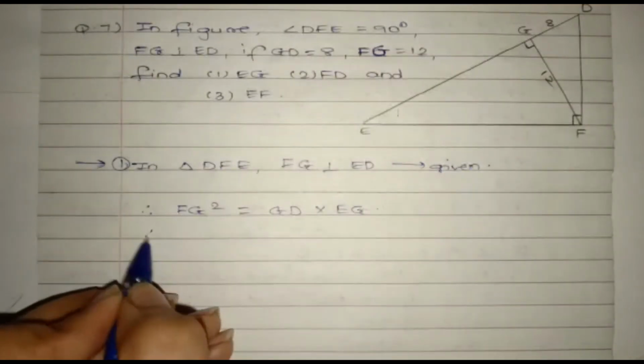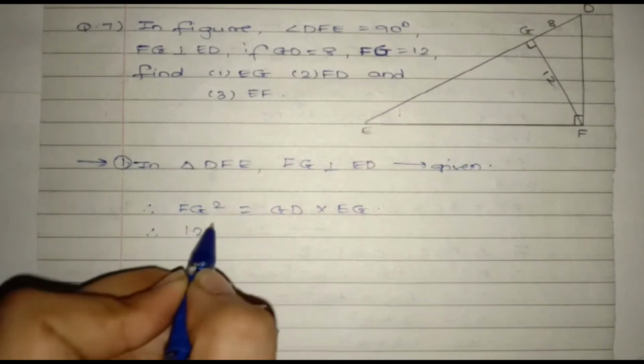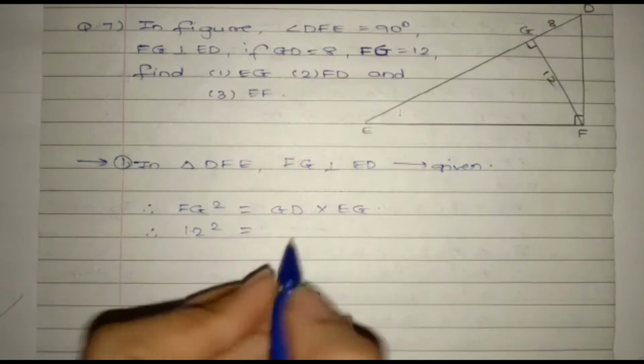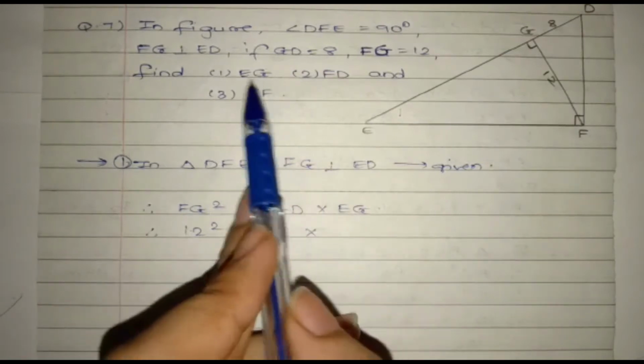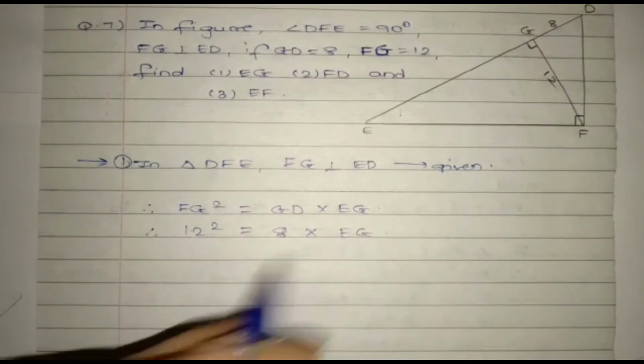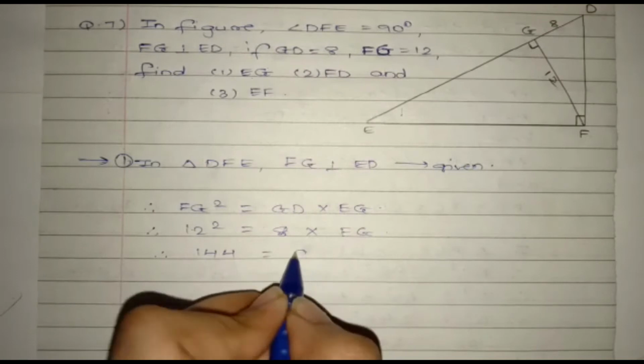Okay, therefore what is FG? FG is given as 12. Therefore 12 square is equal to GD, which is also given as 8, into EG, which we have to find out. Therefore 12 square is 144, equal to 8 into EG.